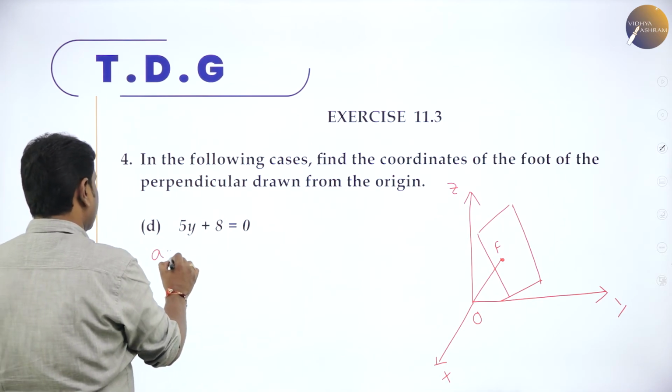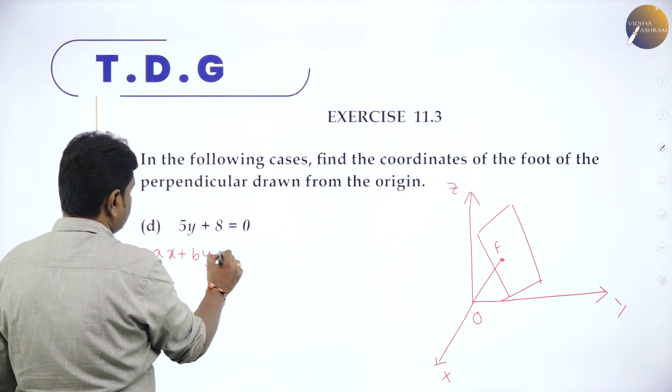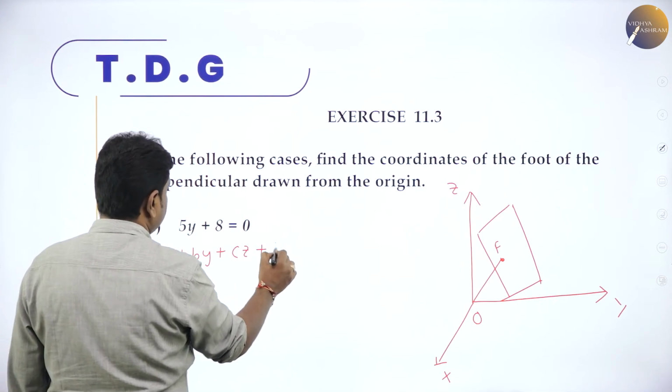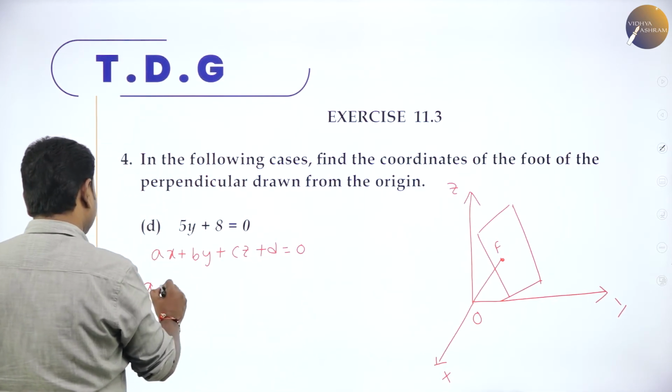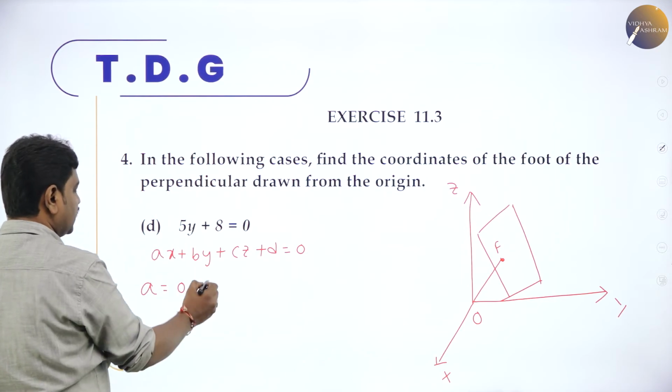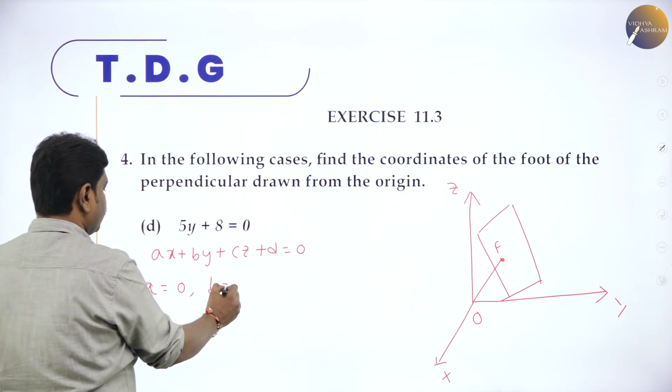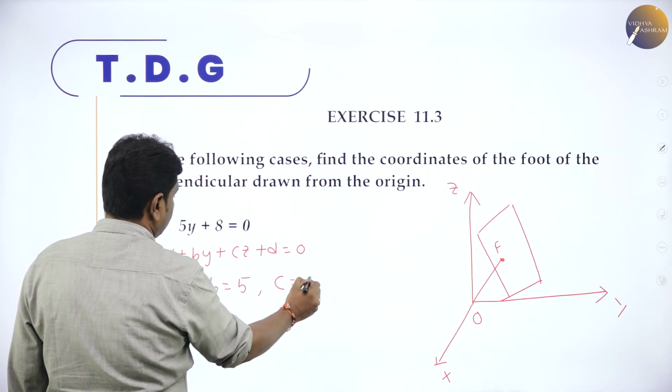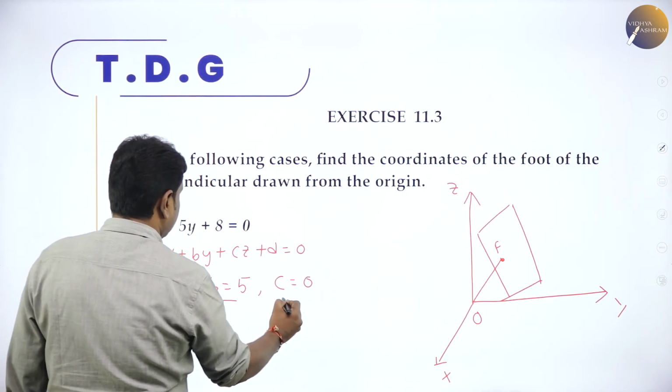First, the plane: what is the standard equation of a plane? ax plus by plus cz plus d equal to 0. Here a is 0 because x is not there, b is 5, and c is 0 again. So you got the b value.